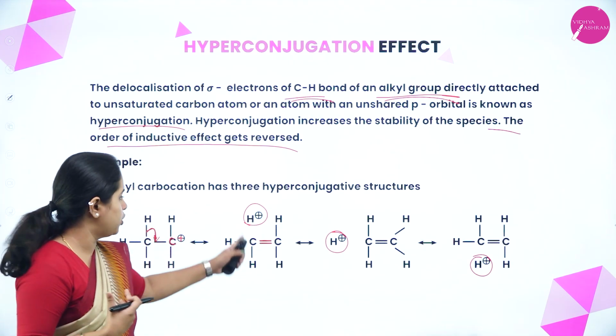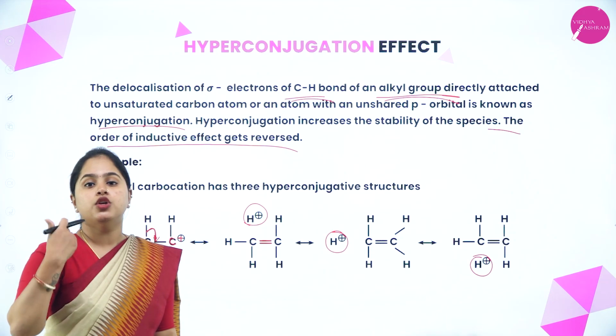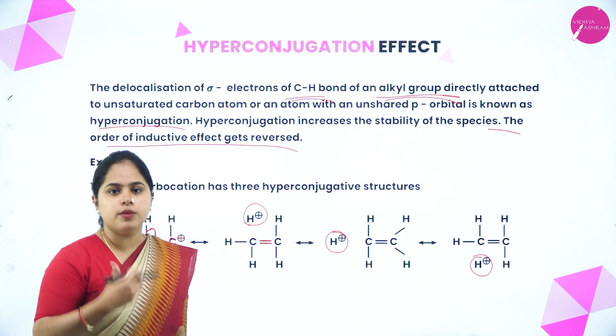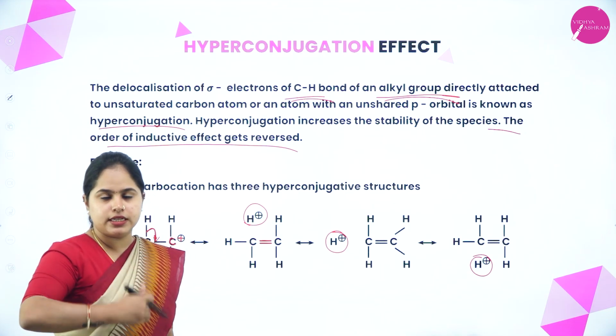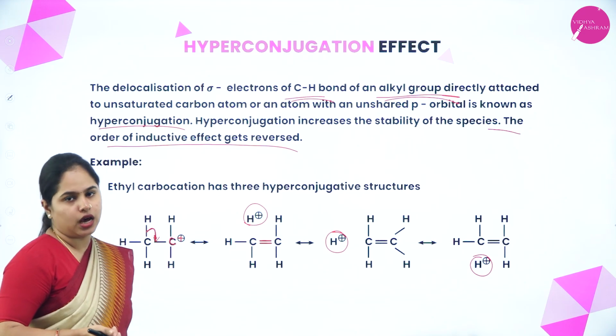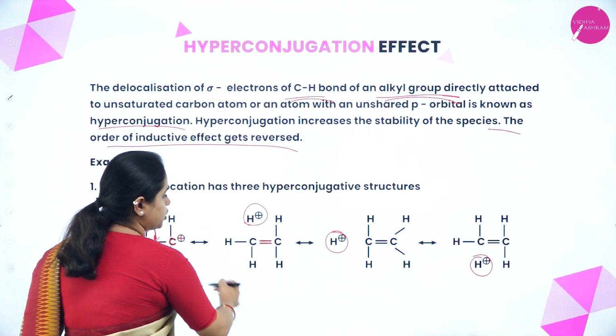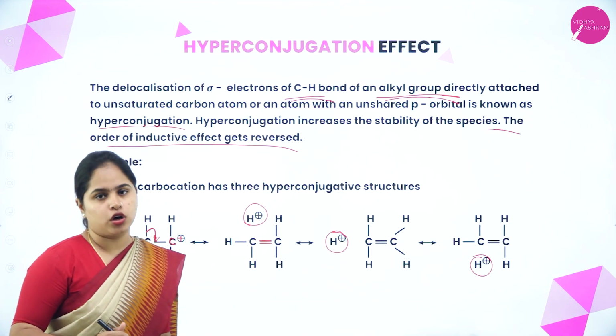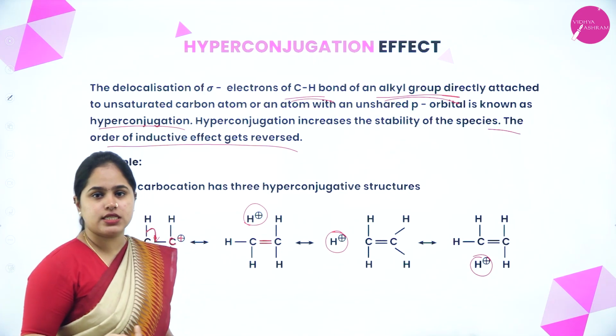As it is having no bonds, it is also called as no bond resonance. So what happens? The CH sigma bond electrons will be transferred to the electron deficient carbon atom, and it will form a structure like this which doesn't have a bond here. So this is called as hyperconjugation effect. So I hope it is clear.